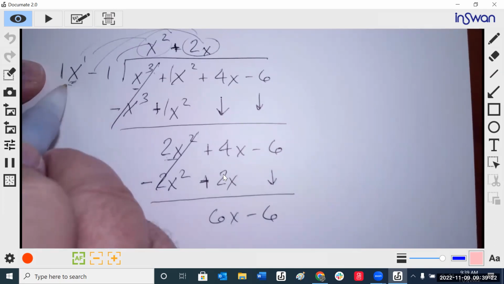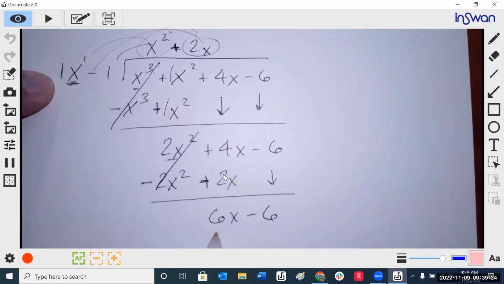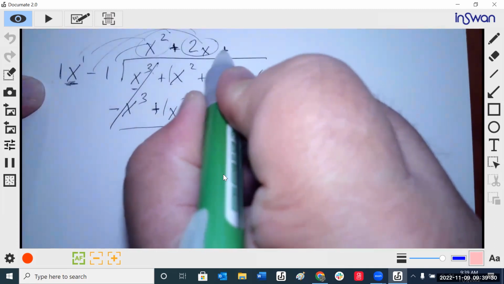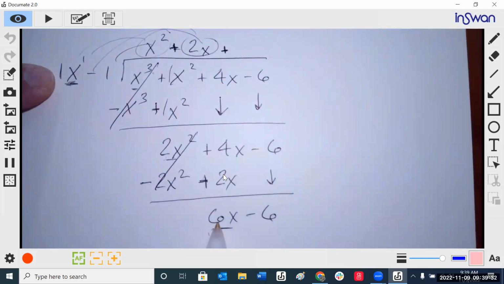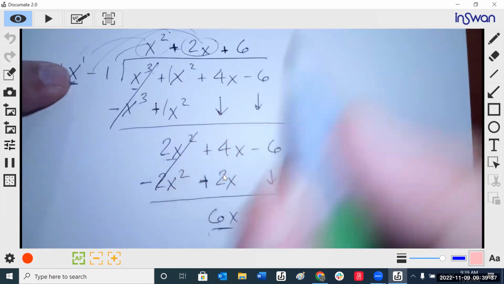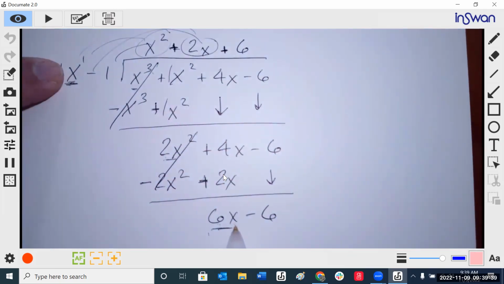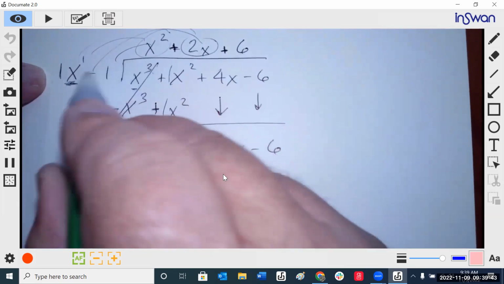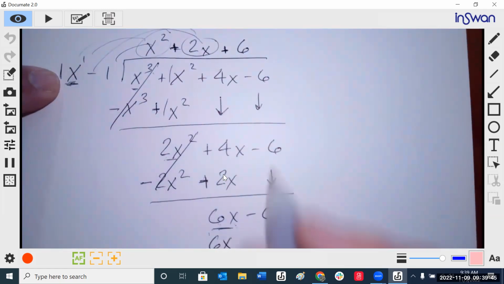Always look at the leading terms. So what times x gives me 6x? So positive times positive, we know it's going to be positive. 1 times what is 6? X times 6, I don't need anything else, do I? So that's all I gotta do. So 6 times x is 6x.